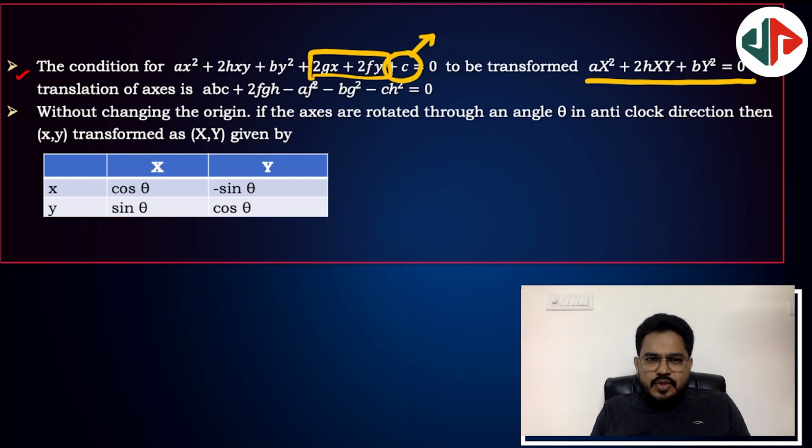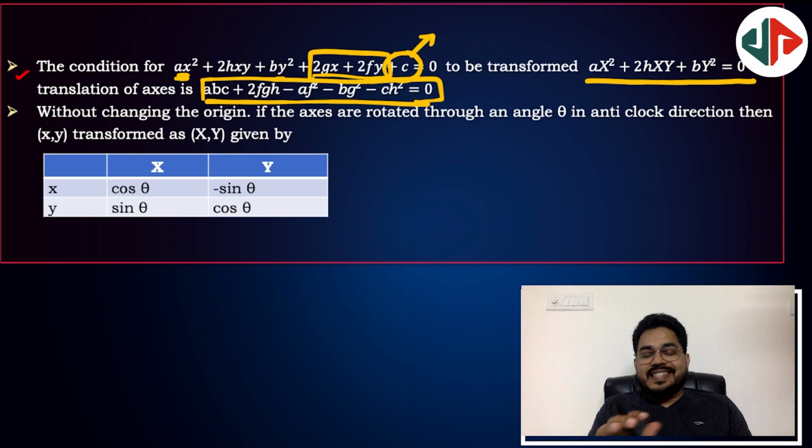When you substitute small x equal to capital X plus h, small y equal to capital Y plus k, the constant part, on simplification, gives this condition. So that's why this is the condition for a pair of lines. If you recollect your first year pair of lines part, ax square plus 2hxy plus by square plus 2gx plus 2fy plus c equal to 0 represents a pair of lines.